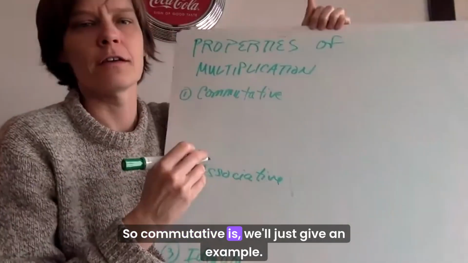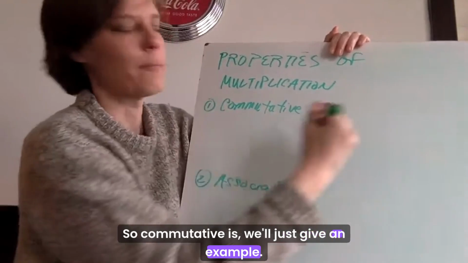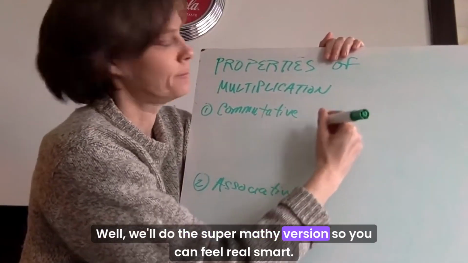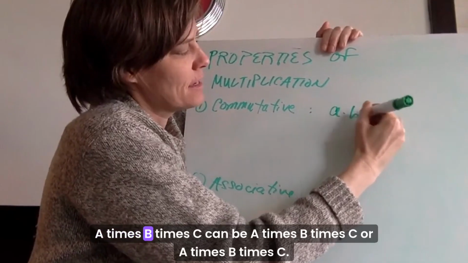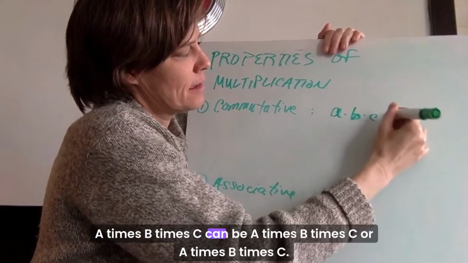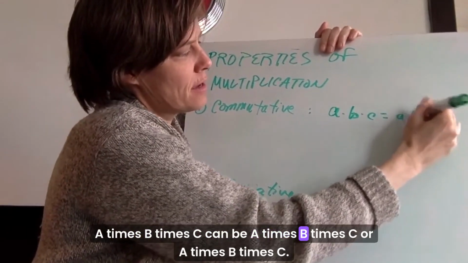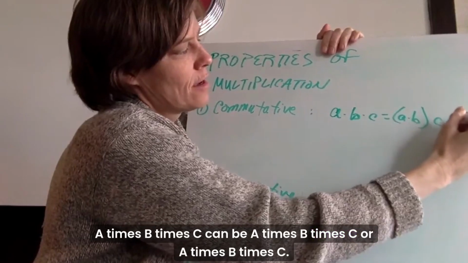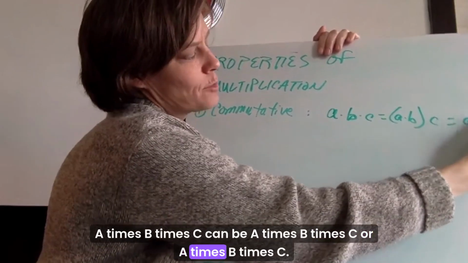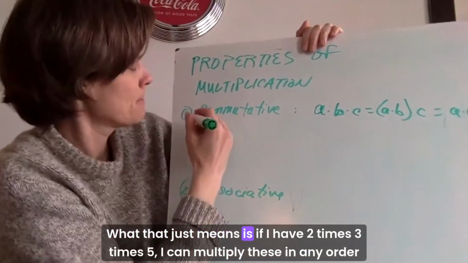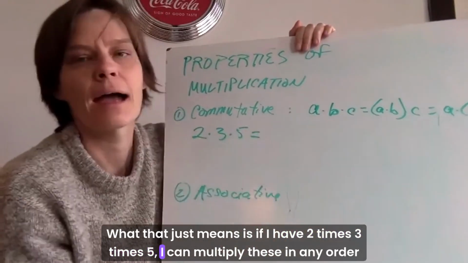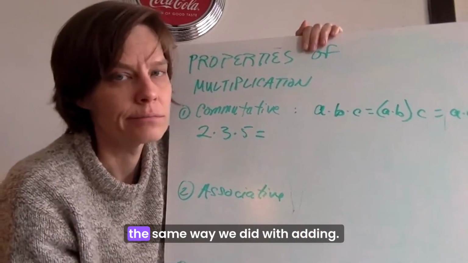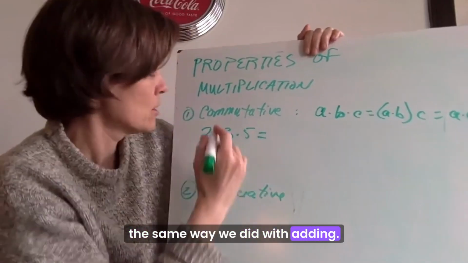So commutative is, we'll just give an example. We'll do the super mathy version so you can feel real smart. A times B times C can be A times B times C or A times B times C. What that just means is if I have 2 times 3 times 5, I can multiply these in any order, the same way we did with adding.